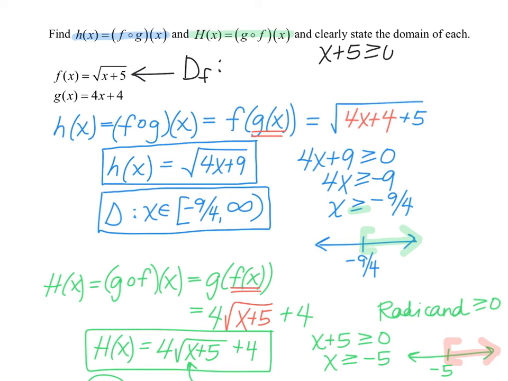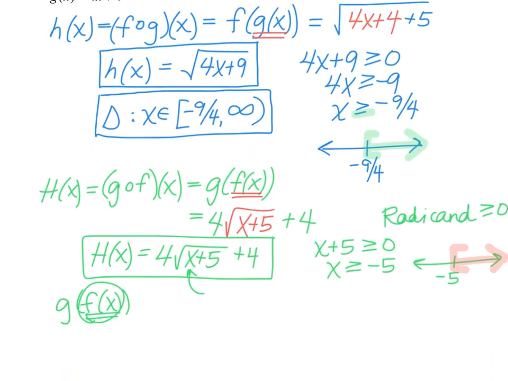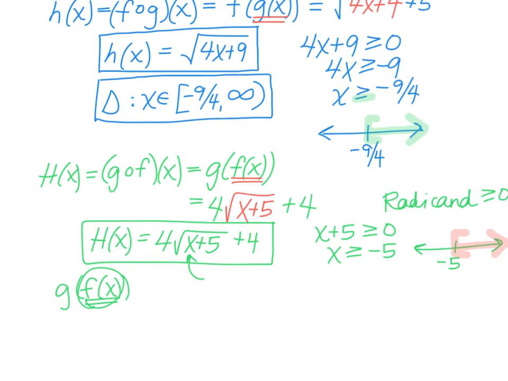So x plus 5 must be greater than or equal to 0. X must be greater than or equal to negative 5. So the domain of function f is also from negative 5 to infinity. So we don't get any additional domain restrictions when we consider the domain of the inner function. So therefore, the domain of function capital H, h of x, which is our composition, the domain here would just be all values of x in the interval from negative 5 to infinity with a bracket on negative 5.